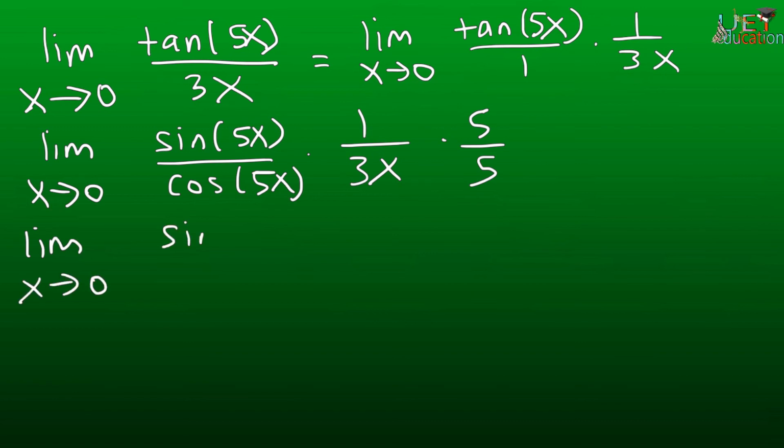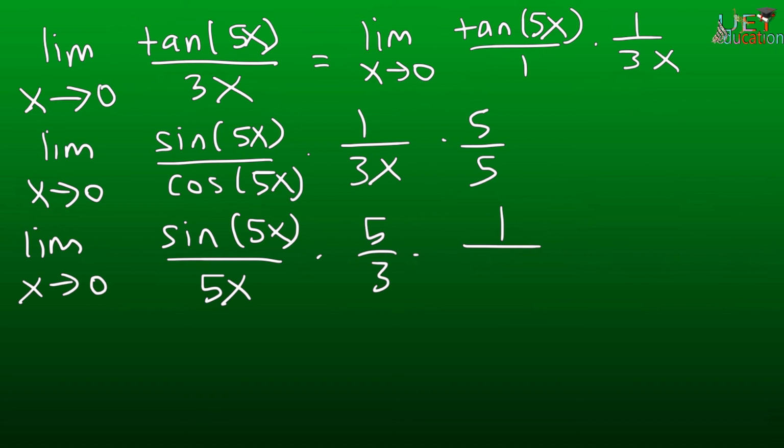So I'm going to keep the sine where it's located. And the x and the 5, I'm going to move to where cosine is. So now I have a 5 and a 3. So I'm just going to write 5 over 3. And I still have a cosine on the bottom.